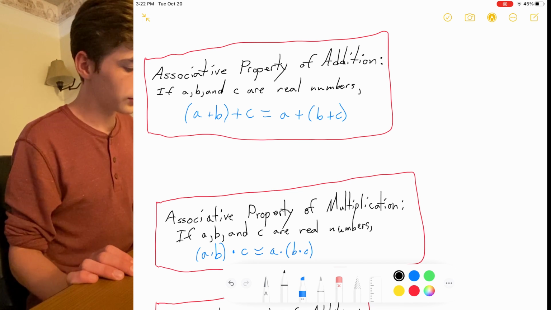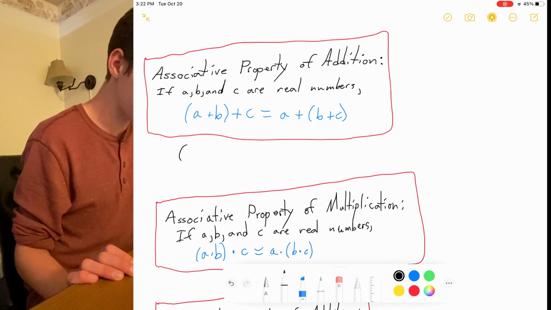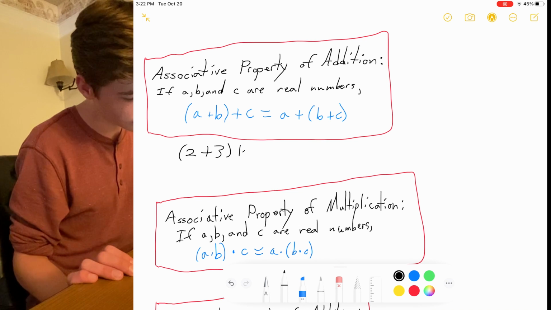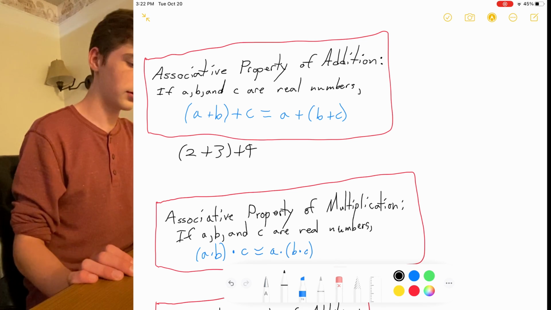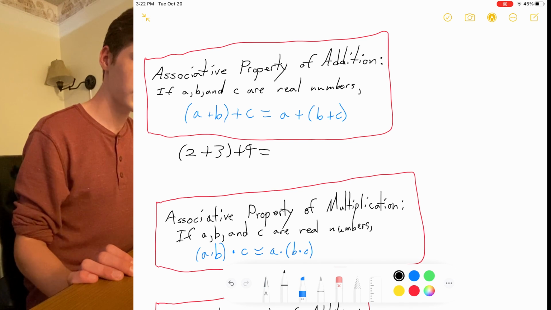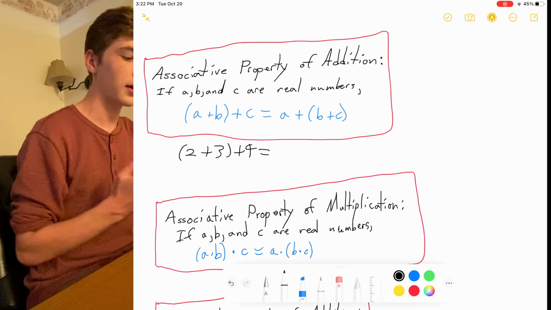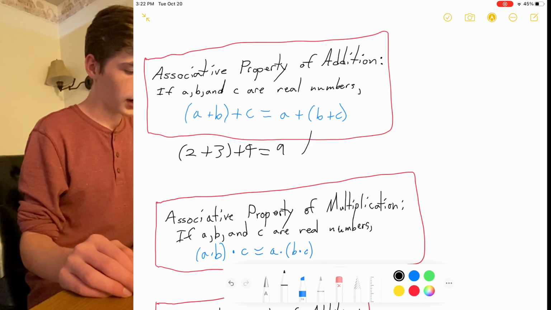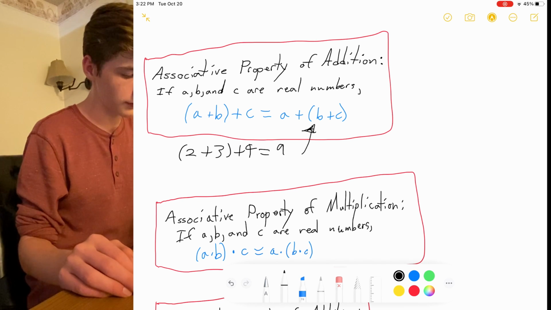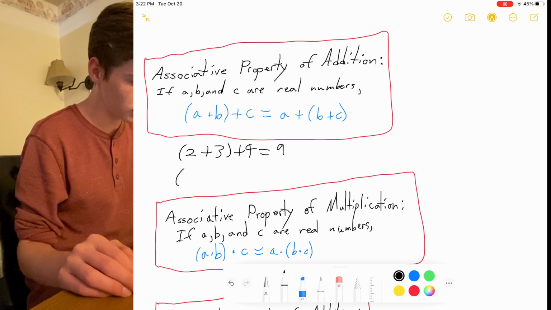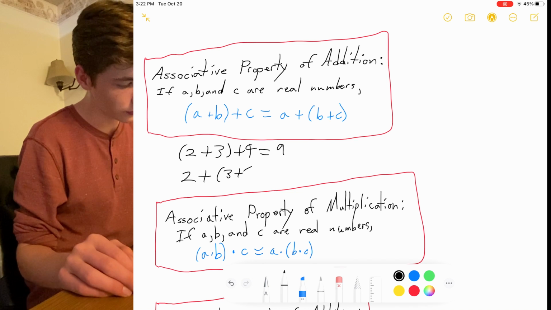Let's just do this with 2's, 3's, and 4's. If we put 2 for a, 3 for b, and 4 for c, what's that equal to? Well, 2 plus 3 is 5. PEMDAS, we start with the stuff in parentheses. And then 5 plus 4 is 9. What if we changed it to the other form, 2 plus (3 plus 4)?